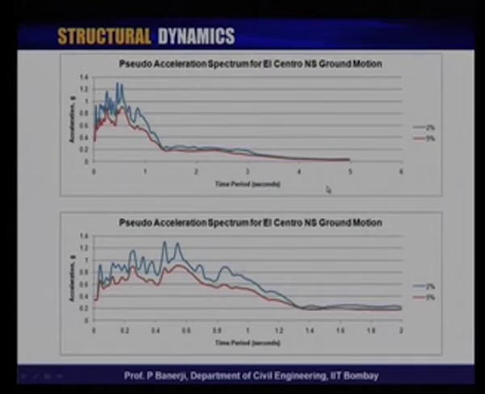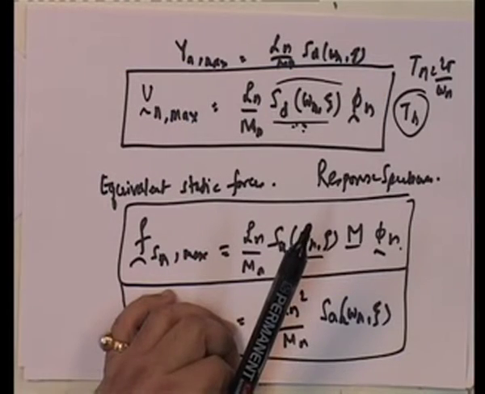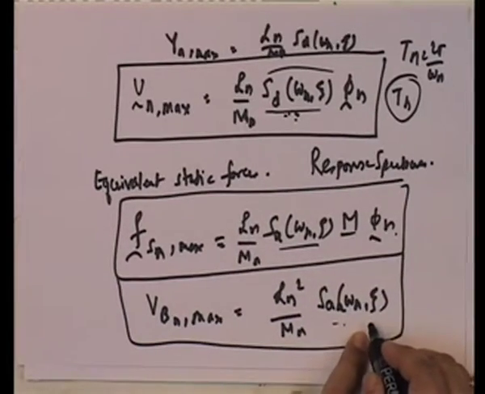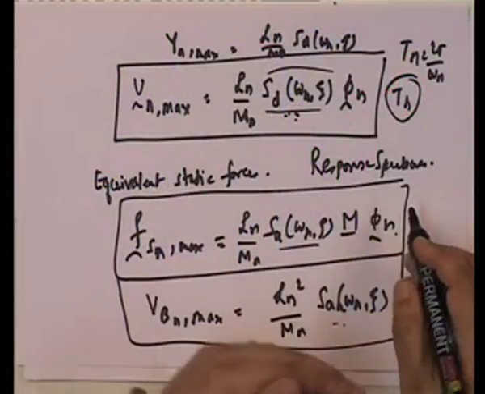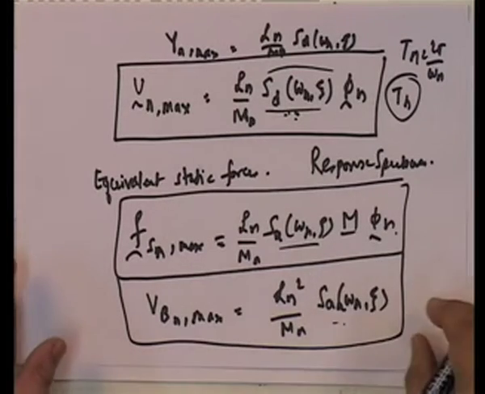So you understand the basic concept here: these values depend on omega n. That's the key point, that for different modes you have different values of SA and SD, which you read off for the particular value of omega n.